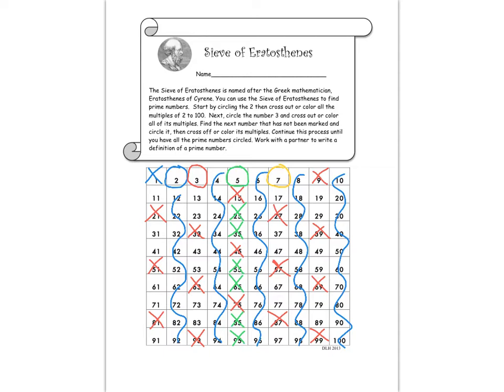So as you count by 7, again, make sure that you're counting correctly. We're not starting with 7, we're starting with 8 as our first one. So 8 would be 1, 2, 3, 4, 5, 6, 7. 14 makes sense. You should know that's a multiple of 7. 1, 2, 3, 4, 5, 6, 7. 21's already crossed out. And then I'm going to let you keep going from here and count.